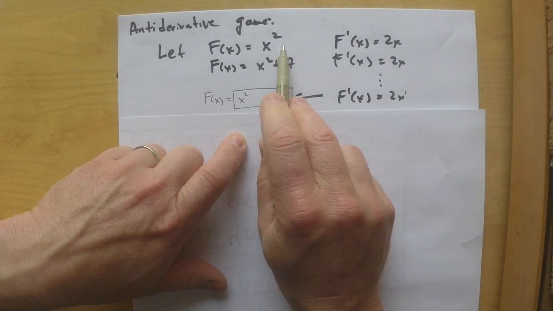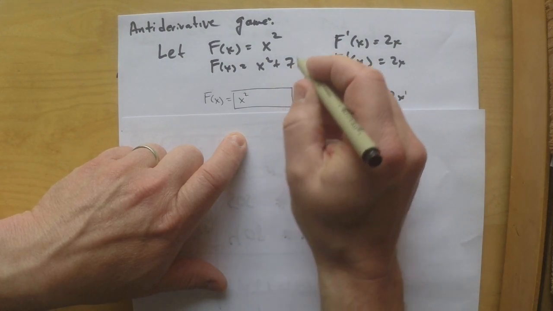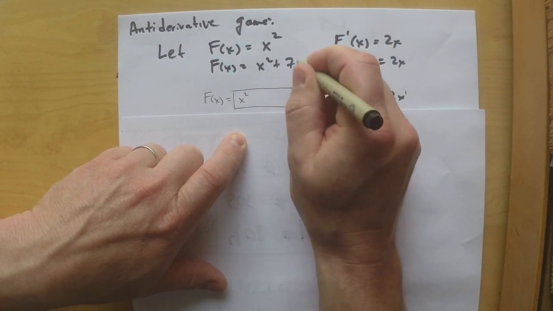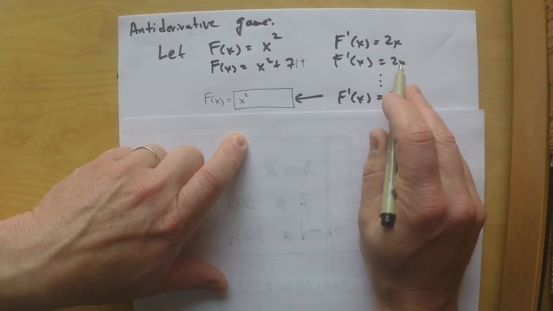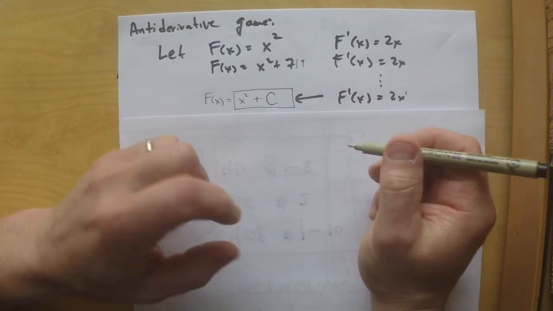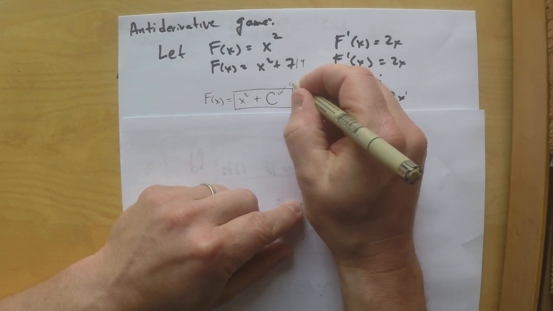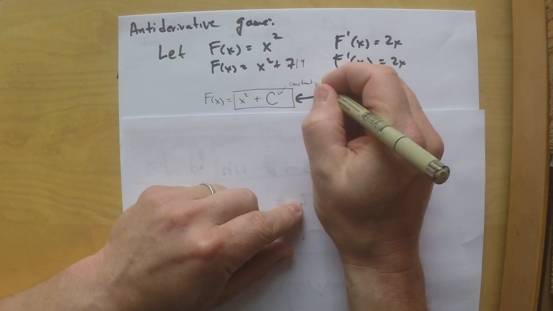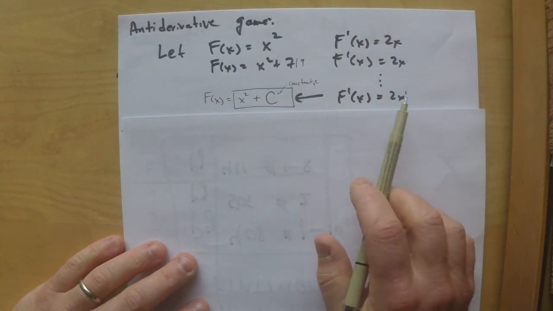But then if you notice here, any constant's derivative would end up being 0. So because this could have been plus 7, plus 71, plus 719, those all would have had the same derivative, we're going to write this with a plus C, a big C for no particular reason. It just means plus any constant. So that's a constant, plus C. So that's the antiderivative game, going backwards.